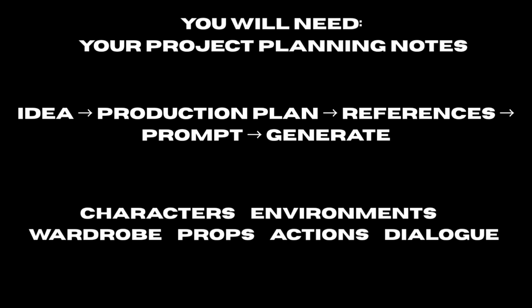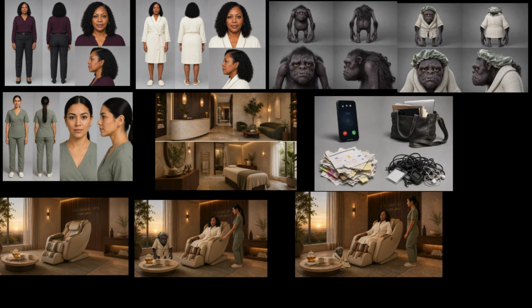Before I show you the results, the most important part of this process happens before you press generate. Start with a clear idea and build a production plan. Know your story, characters, environment, wardrobe, products, props, dialogue, and major actions.